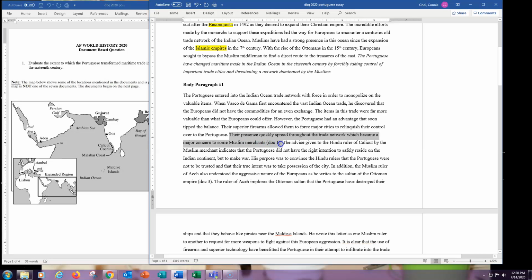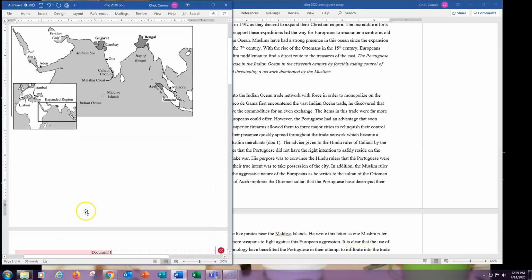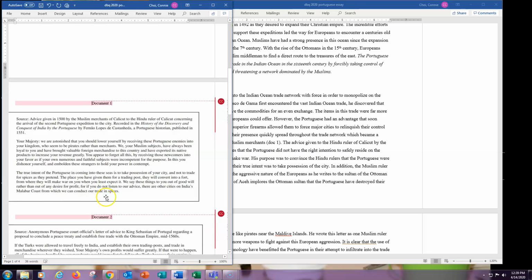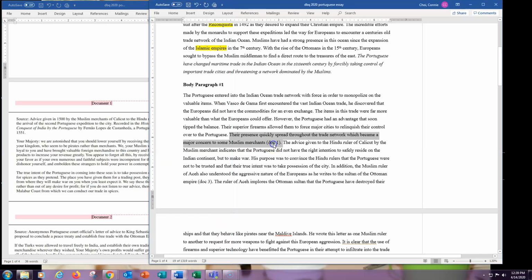And here what I've done is basically taken the content of document 1 to cite document 1. I'm not going to just say, oh, document 1 says. No, I'm going to cite something I read from the document and then write in parentheses document 1. Because what this shows is that I understand and I've correctly interpreted the evidence.